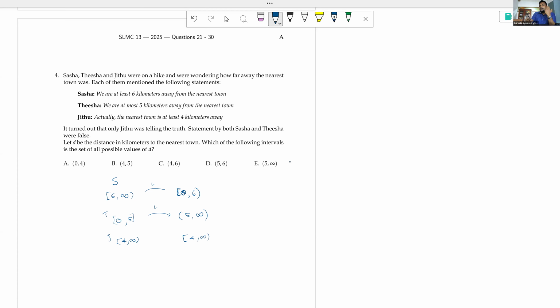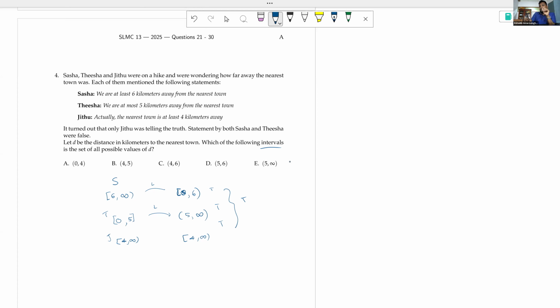So what should be the correct interval, the set of all possible values? Because these things are true, it should be the intersection of all three intervals. Because if one thing is true, another thing is true, and the third thing is also true, what would be the value where all these things are true?